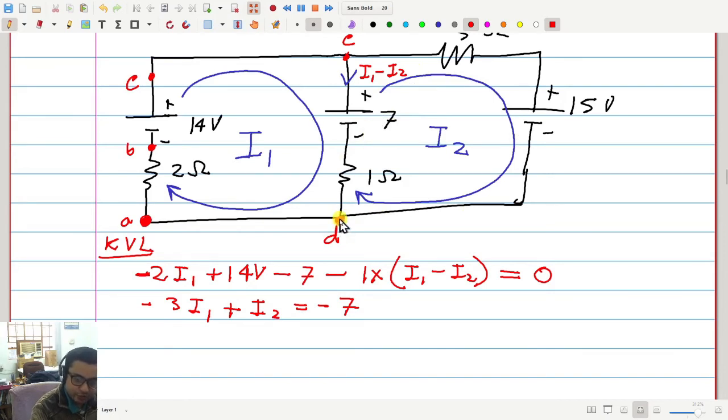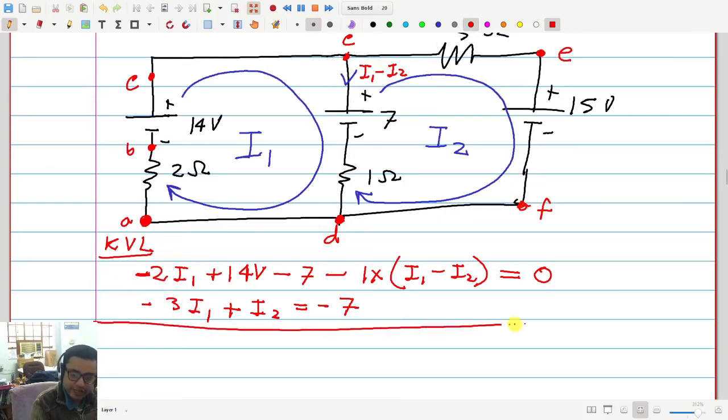Now in the second loop, starting from point D, let us go around D, C, then E, F, like this. Then what will we get? We will first get a voltage across the 1 ohm resistance.